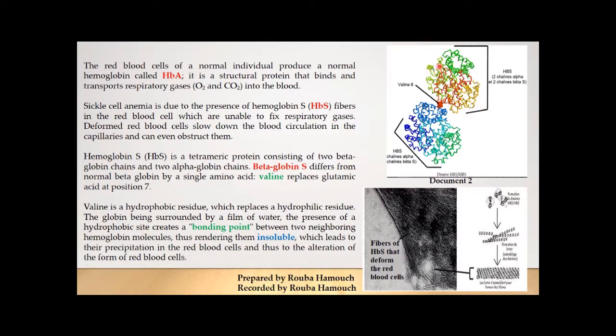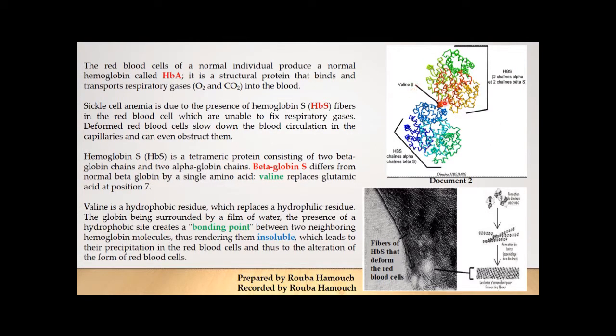So here the HbS has 2 alpha chains and 2 beta globin S chains. The beta globin S differs from the normal beta globin that constitutes hemoglobin A by a single amino acid. A valine replaces glutamic acid at a certain position, position 7.